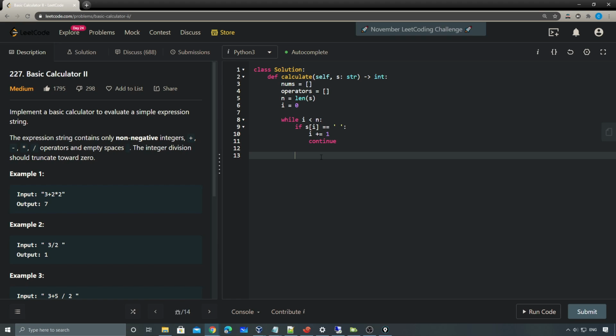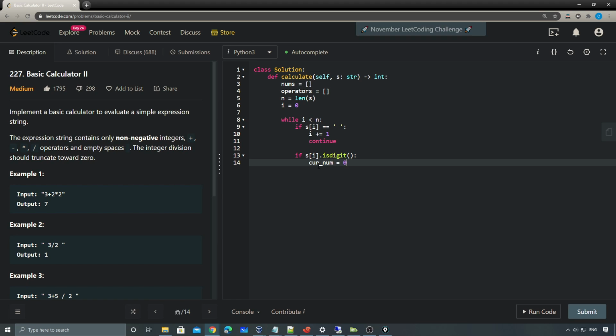To capture the current integer, I use if s[i] is digit. If the current one is a digit, I just continue looping through, moving the cursor to the right until we reach a non-digit character, and then we have the current number.